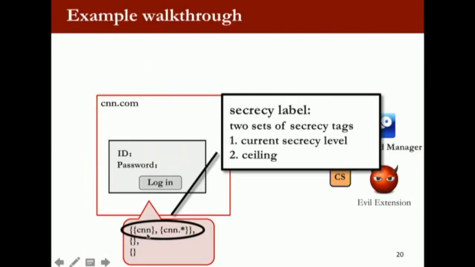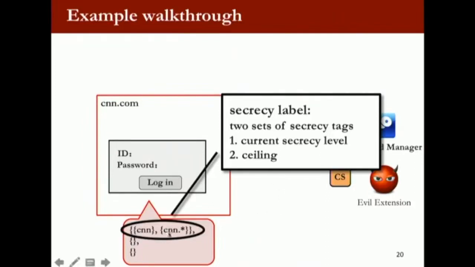On the left, we call it the current secrecy level. Here, we're using the domain as the tag for secrecy. We're saying this is a secret from this domain, from that domain, and so on. The left part says that currently, because this page is loaded from CNN, it already contains secret from CNN.